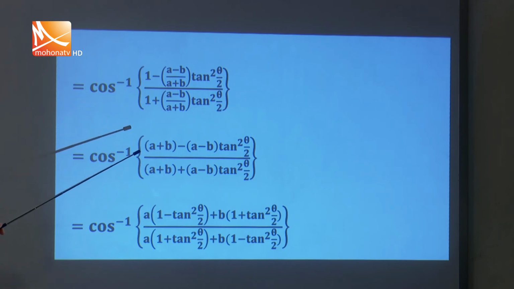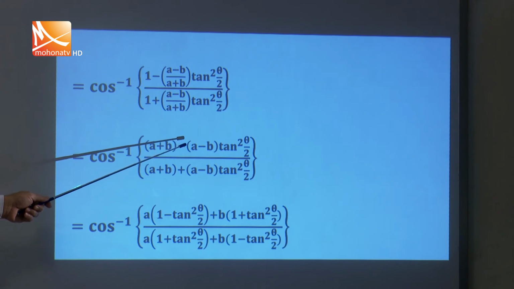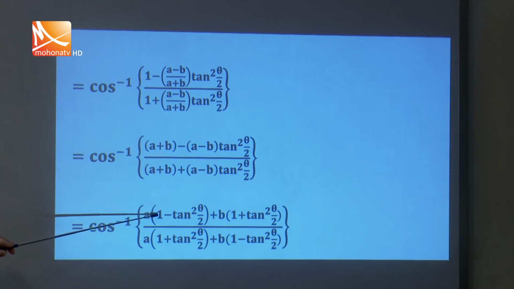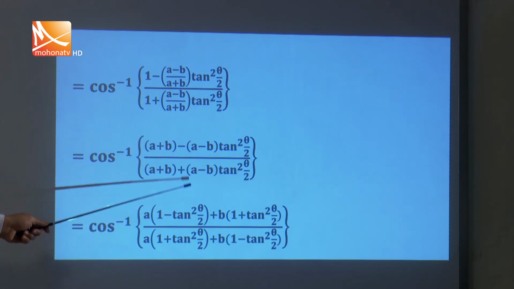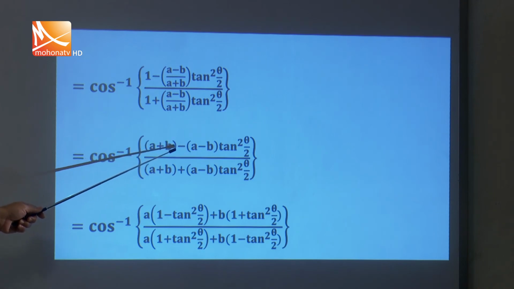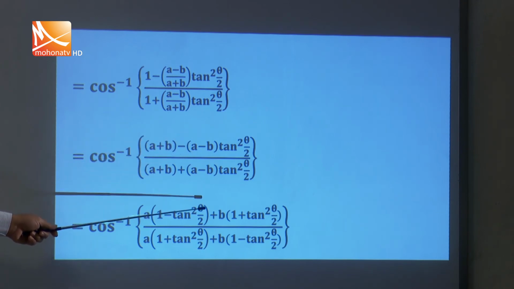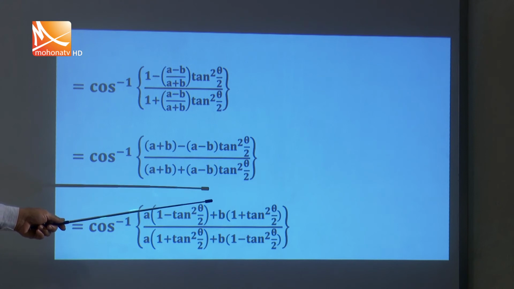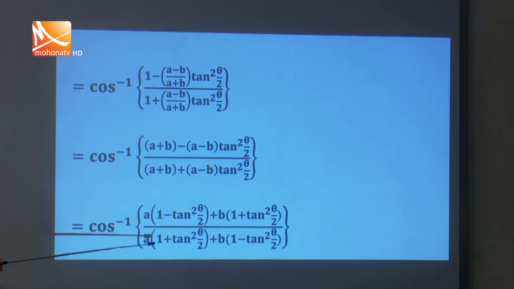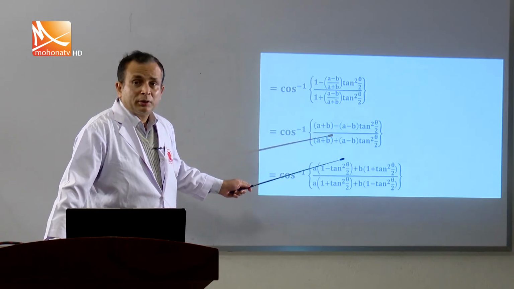If we take common a from the numerator, then a into 1 minus tan square theta by 2, and if we take common b from the numerator, then b into 1 plus tan square theta by 2. Similarly, in the denominator, it will be a into 1 plus tan square theta by 2 plus b into 1 minus tan square theta by 2.